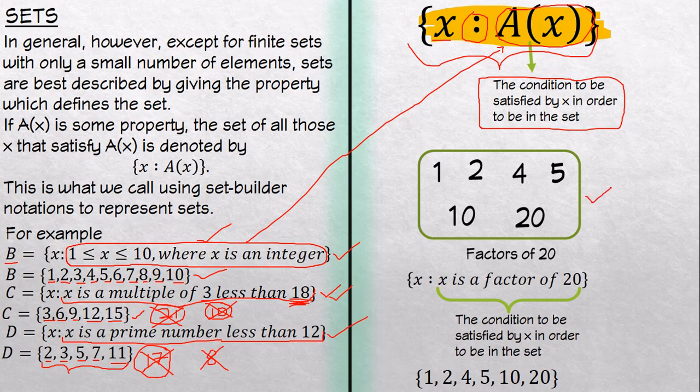With the example that we have been using from the beginning of the class, if we are to use the set notation to represent this set, then it will be written as x such that x is a factor of 20. Just by the way it has been stated, the elements in that set should be 1, 2, 4, 5, 10, and 20, because these are the factors of 20.